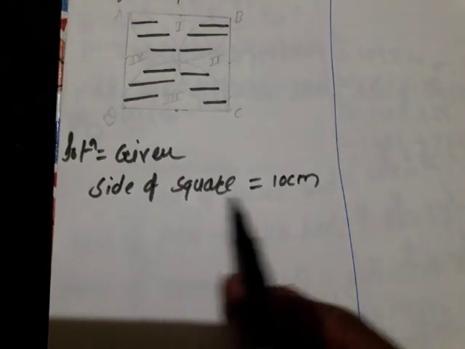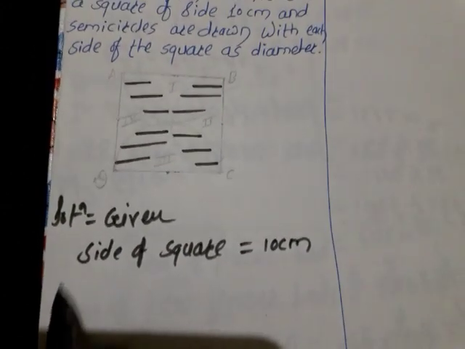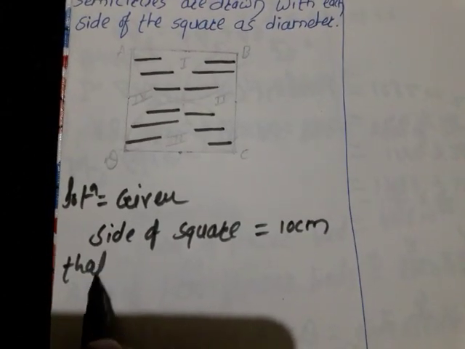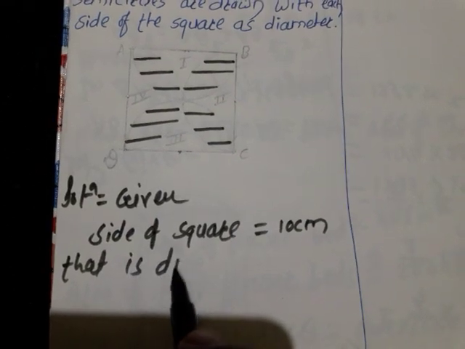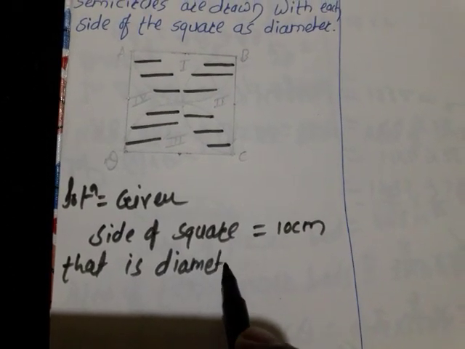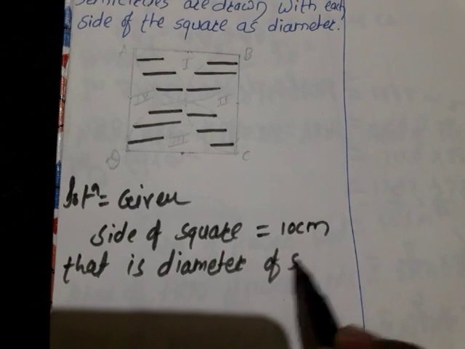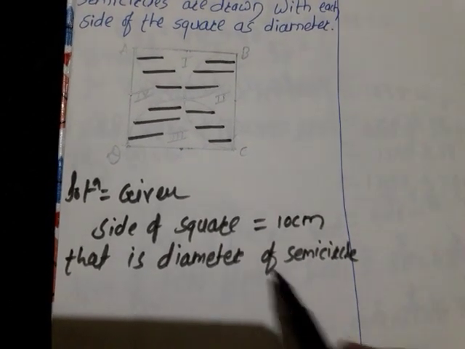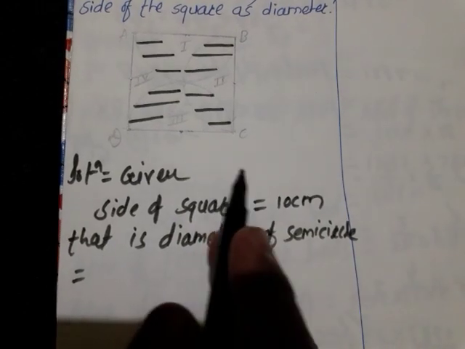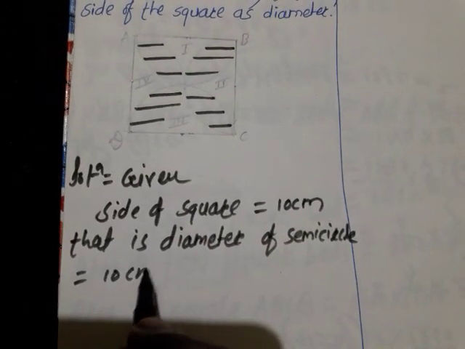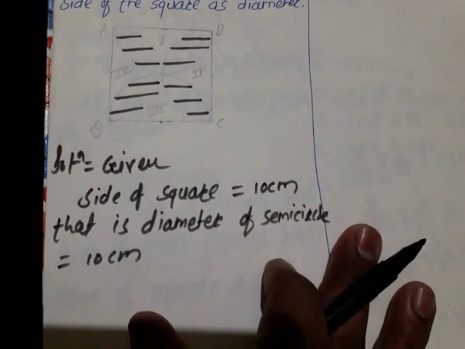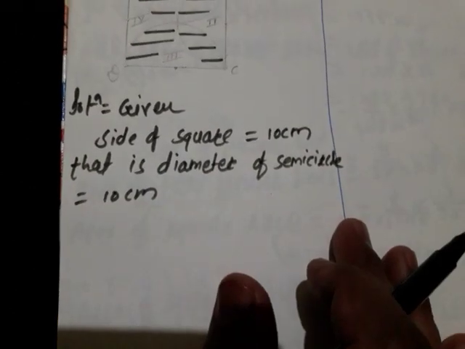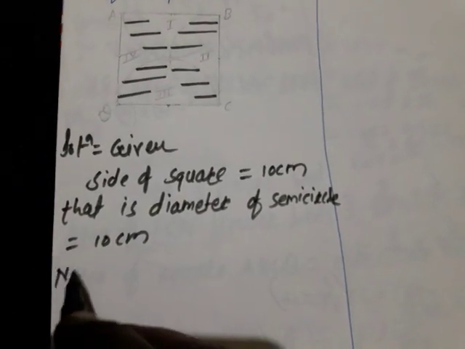Side of square is nothing but the diameter of the semicircle. That is, diameter of semicircle is equal to the same 10 centimeter.